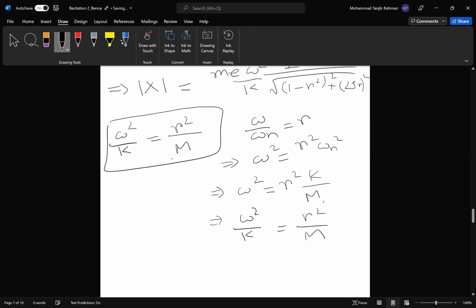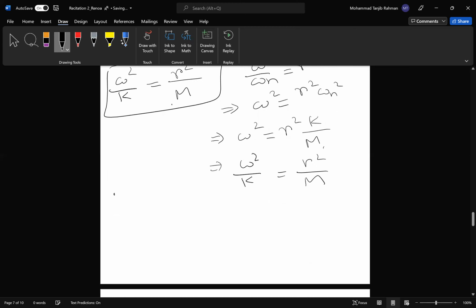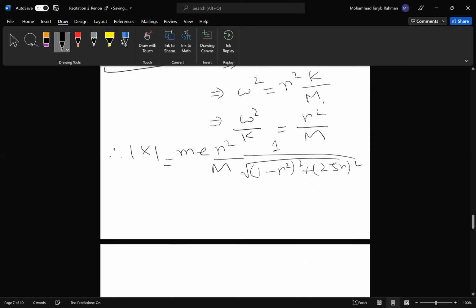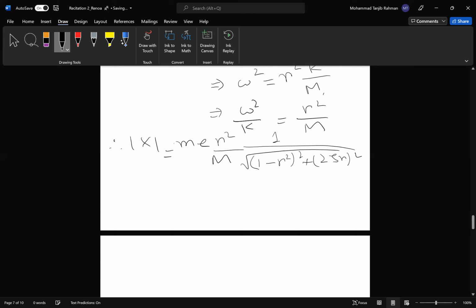So let's just put it here, and our equation will become X equal to ME times R square by M, divided by root of (1 minus R square) whole square plus (2 zeta R) square. Now, if I put all the values, for ME, we have 0.015 multiplied by 0.05.